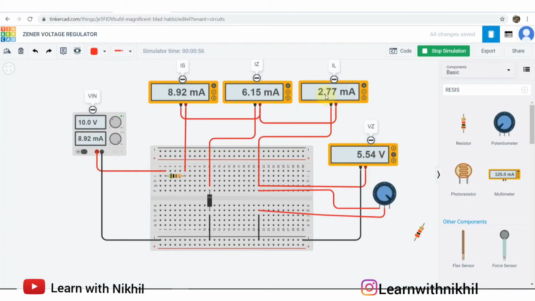Now maximum, this is 2.77. So I'll consider this directly from this.